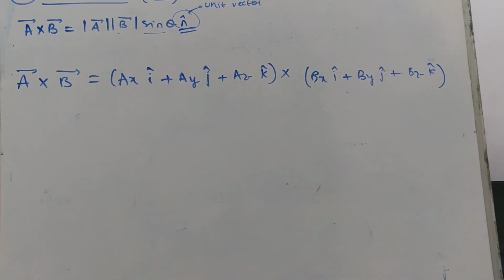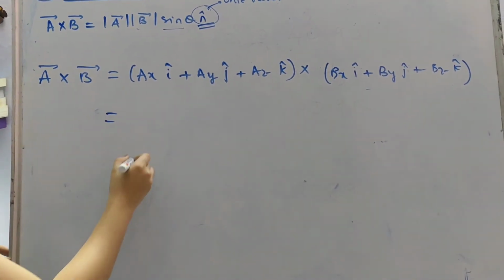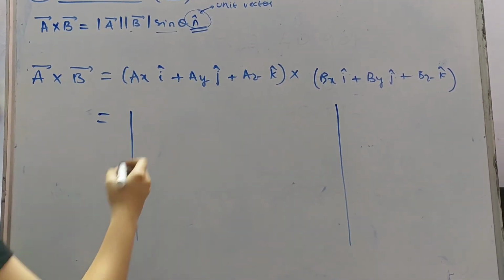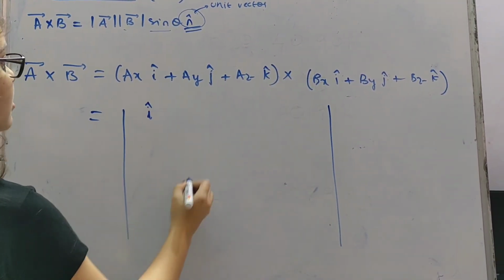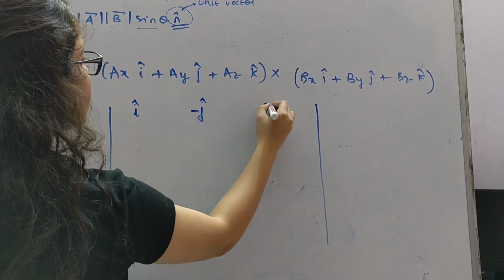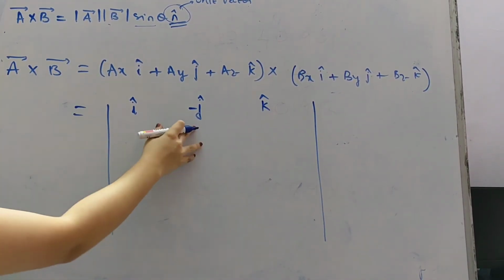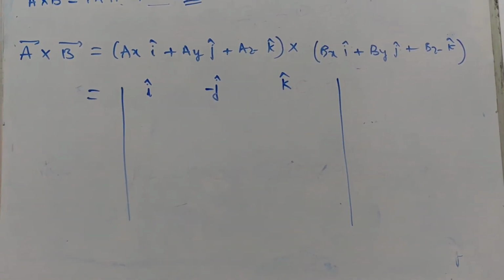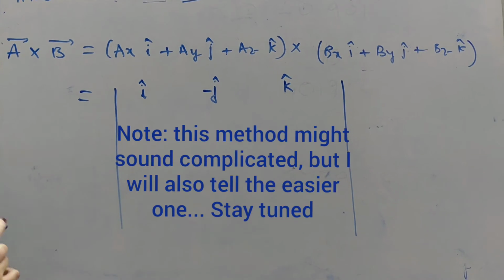For easier evaluation, there is a technique or method we will be using. Just draw two lines here, and now you will get I cap. Here you will write it as minus J cap, and here you will get K cap. This is just a sign convention, and it is a formula. There is no specific derivation for your course, so just remember it as a formula.